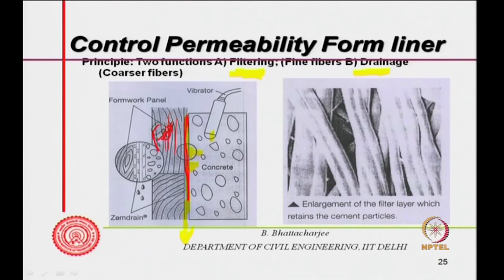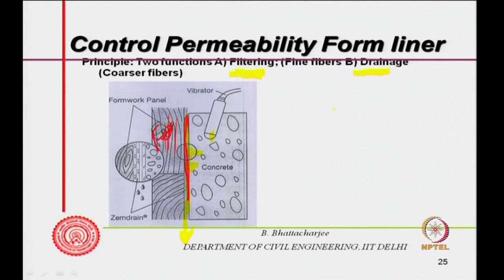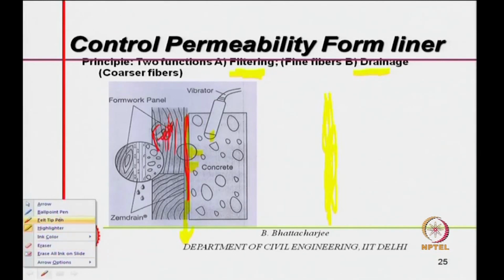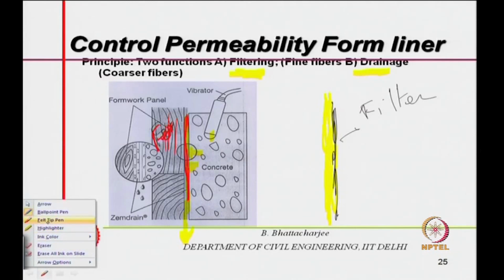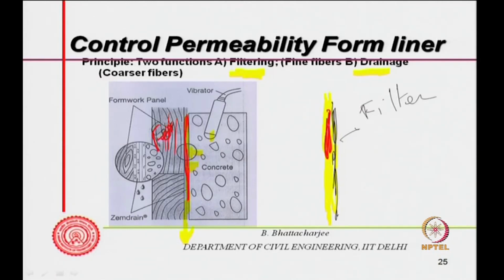It is a thin material with two layers actually. The front layer is a filter layer, say a polymeric composite material filter, and the back layer is a porous layer.